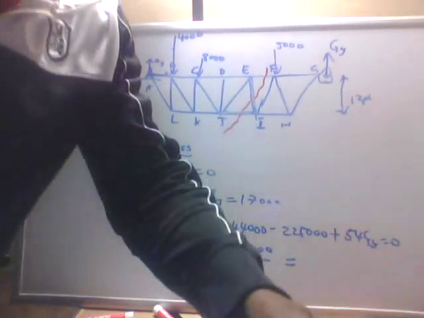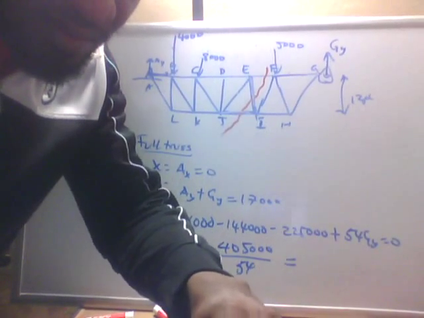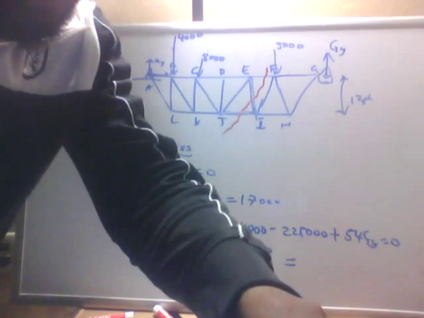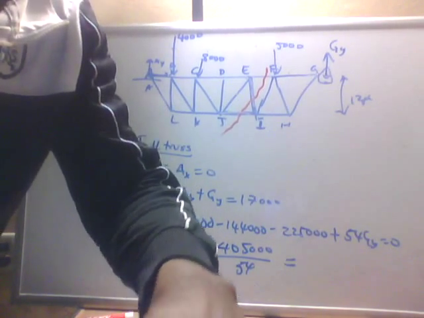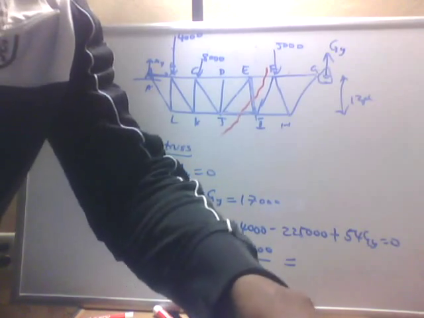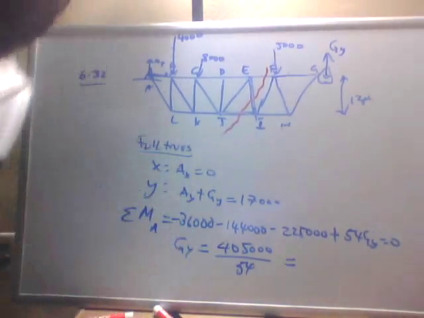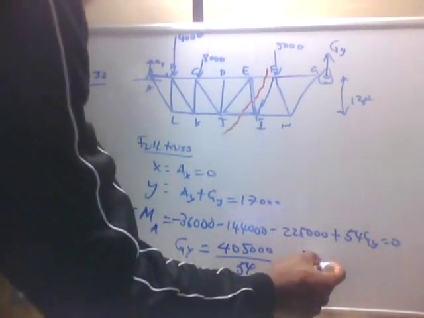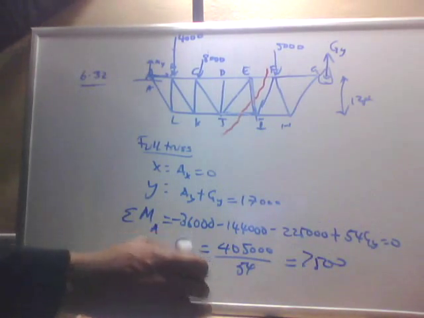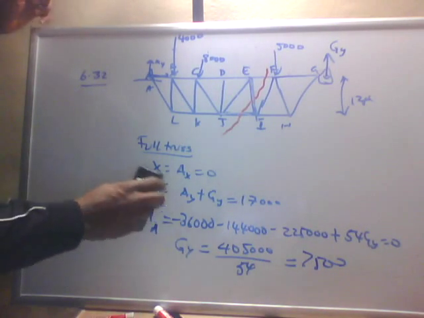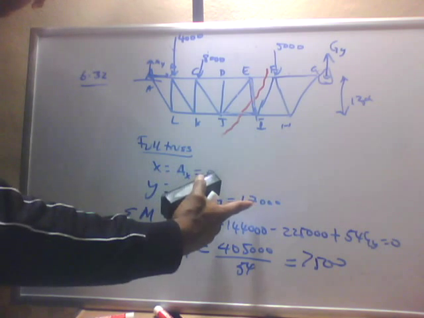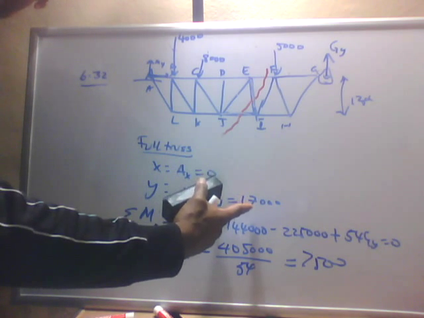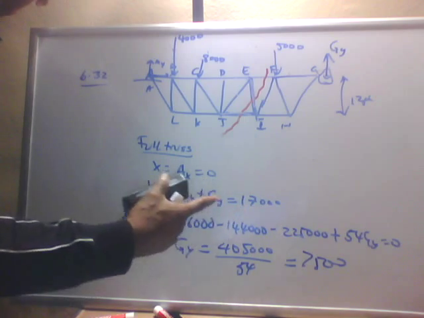Calculator help. A little too late for me. 405,000 divided by 54 is 7,500. Okay, so GY is 7,500. So I can solve for AY, which would then be 9,500.